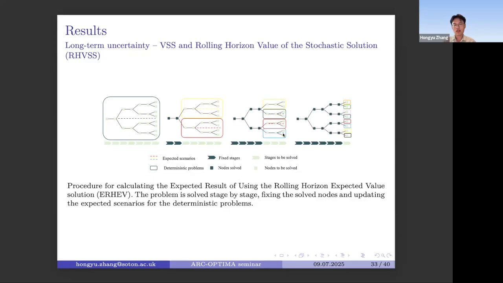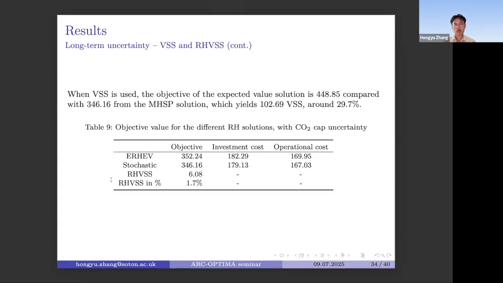So this is less naive than purely deterministic. When comparing the rolling horizon VSS and the traditional VSS, the traditional one is quite significant, at 29.7%, while the rolling horizon VSS is only 1.7%. So the message here is that multi-horizon stochastic programming compared with deterministic for sure has a lot of value in terms of long-term uncertainty modeling.